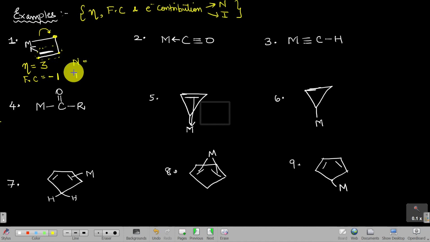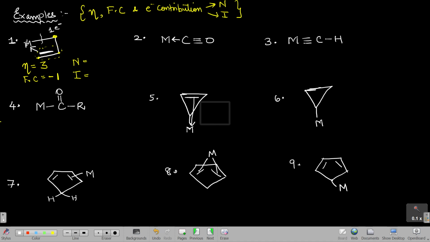Okay, and now comes the electron contribution. One is the neutral method, the second one is the ionic method. In the neutral method, what did I tell you? You don't have to see any electronegativity or anything. Whatever the bond is there, you just cleave it homolytically. So here there is a metal carbon sigma bond. You cleave it homolytically, then the electron contribution is going to be 1 electron. Now here it is not a pi bond with the metal, but it is basically pi electron donation.